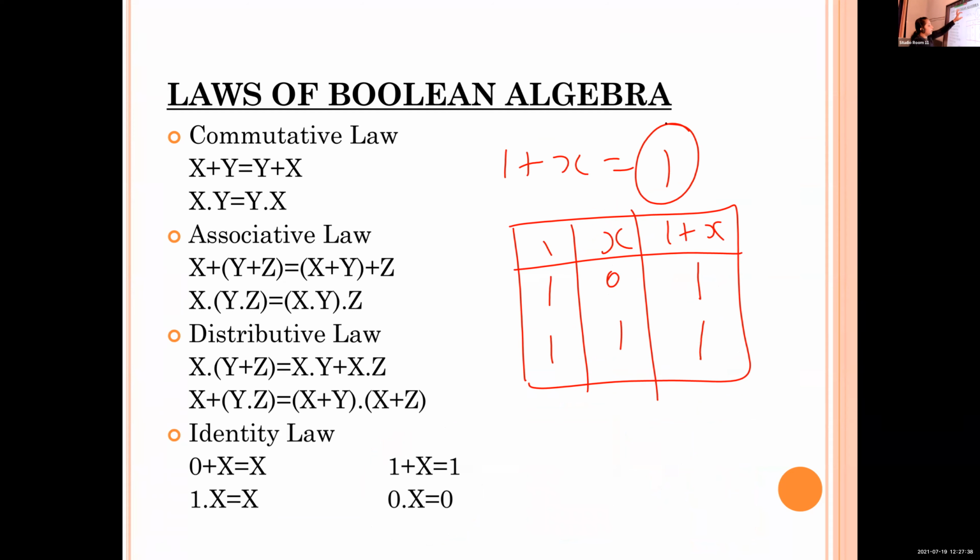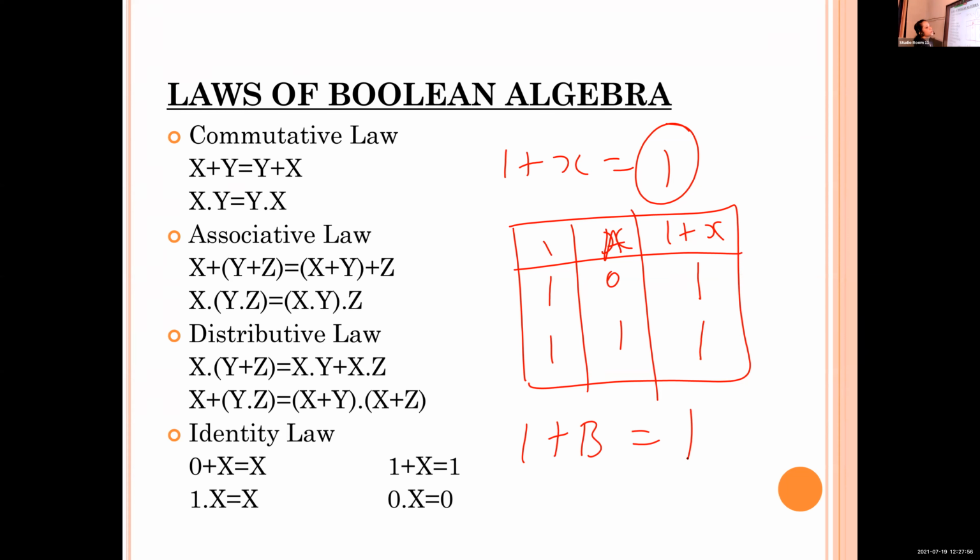If we add 1 with any Boolean variable, the result is 1. If it is A, the result is again 1. If it is B, 1 plus B is 1 because 1 plus x is 1.